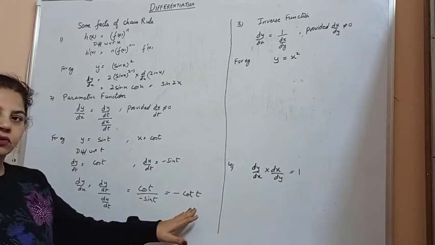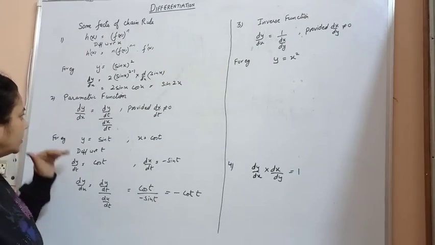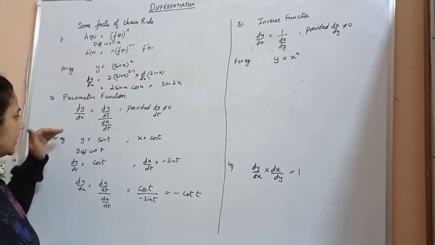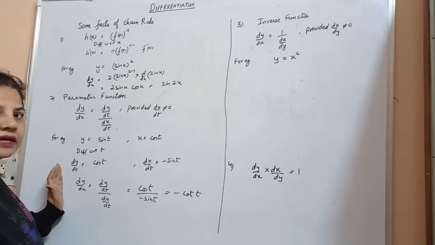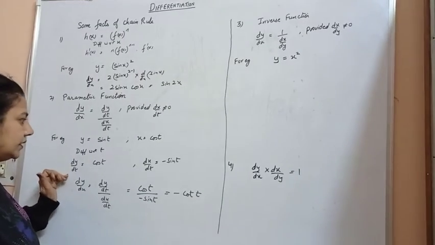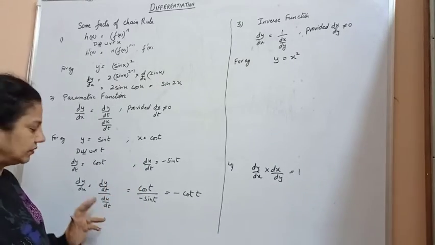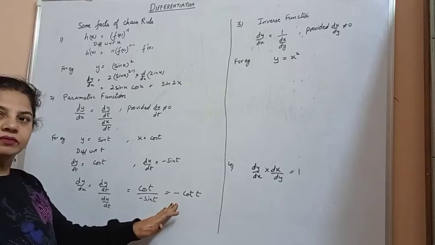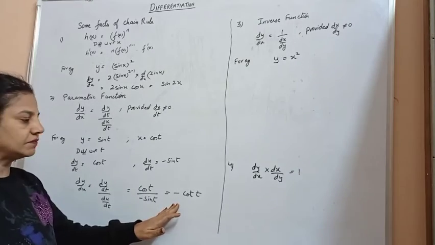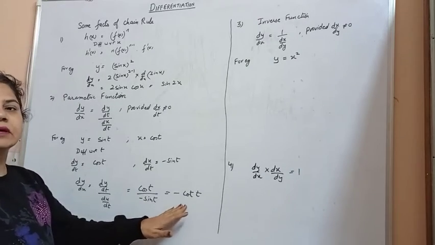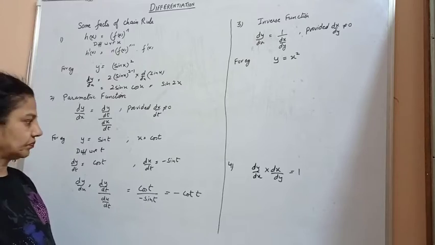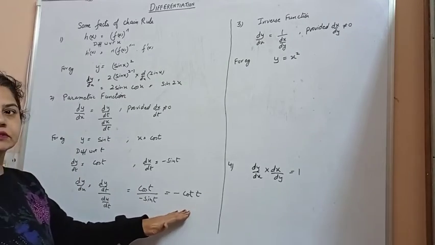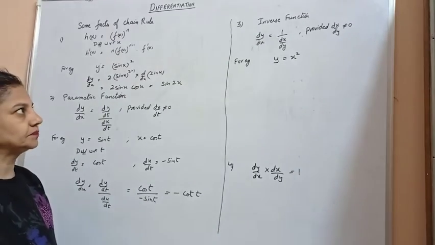This is how, when the parametric function is given to us, we find the derivative in the form of dy/dt and dx/dt, and then we divide dy/dt by dx/dt to calculate the derivative of the given function, which in this particular case gives us the result minus cot t.